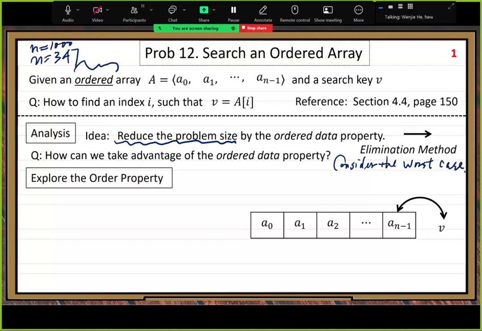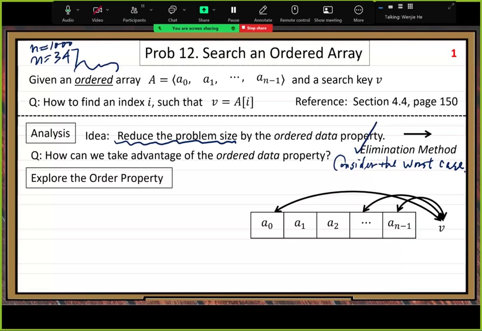In all these options, let's see for the worst case. What is the largest possible portion of data that could be eliminated after one comparison? Here we use the elimination method.